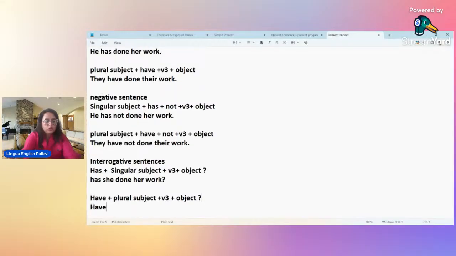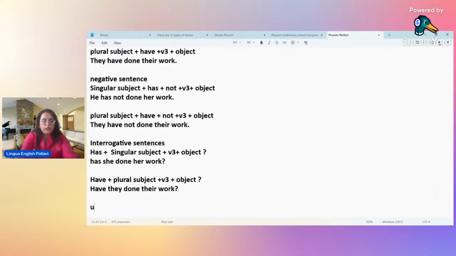So how it goes: have they done their work? And a question mark. I believe these rules are clear to you, how we frame the sentence with present perfect. In present perfect, we use only has and have along with verb 3. The sentence pattern goes the same for all the rules. Now next, we are going to understand the usage.